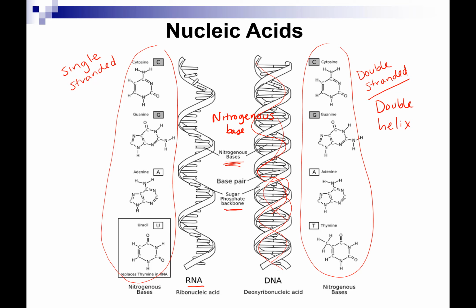They both have what we call a sugar phosphate backbone. So this ribbon here is made up of repeating units of nucleotides, which is made up of sugar and phosphate on the backbone, this outside part, and then all of these little lines sticking out represent the nitrogenous bases.